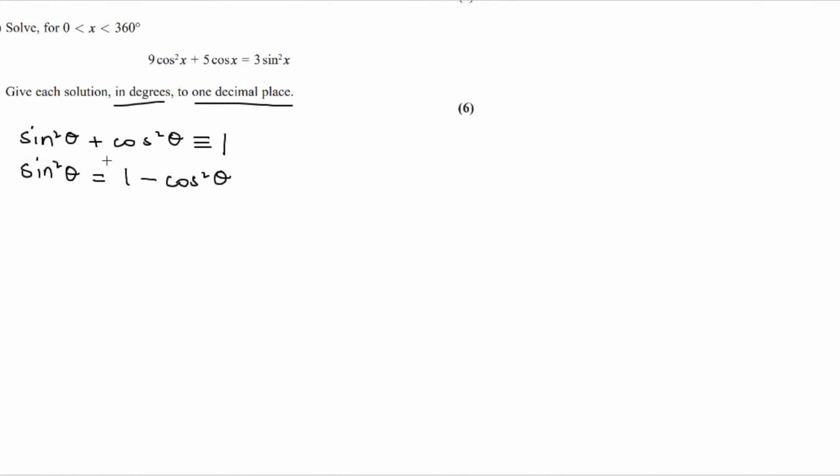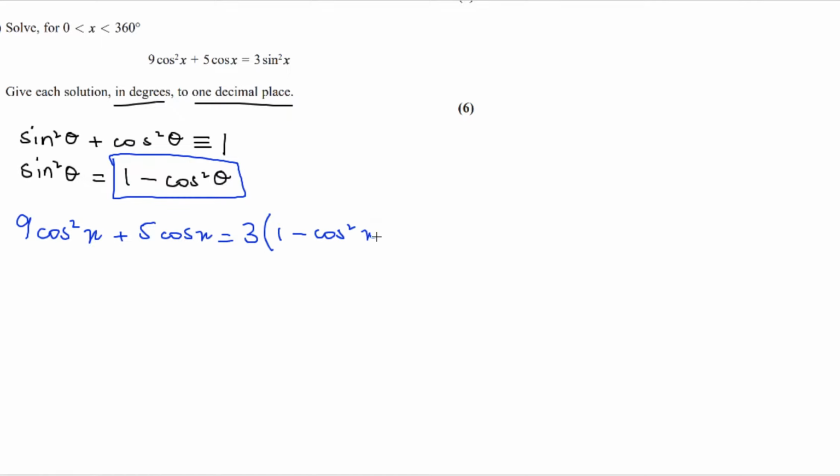So I'm just going to substitute this into the equation so that we've got an equation just in terms of cos x. We have 9 cos squared x plus 5 cos x equals 3 times, don't forget the 3 here, 3 times 1 minus cos squared x.